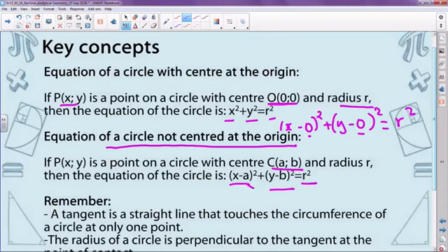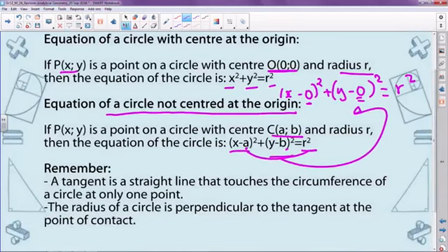We can extend that concept back and say, well, for a circle centered at the origin, our points a and b are 0, 0. Okay, so you'll come back to the same equation if you are using an equation with a circle with center (a, b) and a radius r.